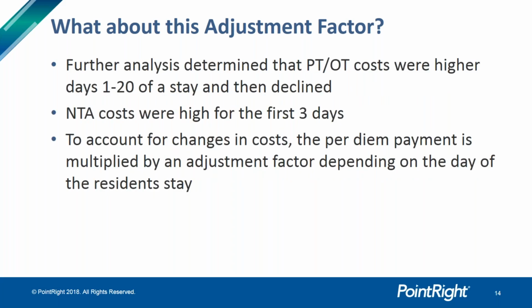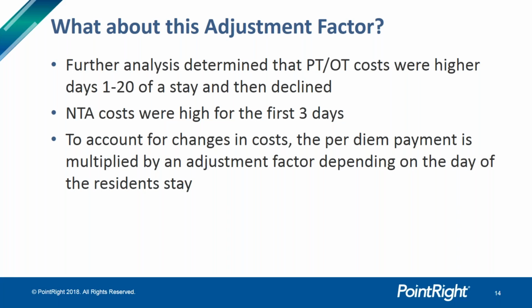And what was also noticed as they started to look at these 2 areas in particular was that the PT and OT costs were higher in the first 20 days of the stay. And that was the marker when they first started to see a decline in resource allocation. So between day 1 and day 20, the costs were higher.